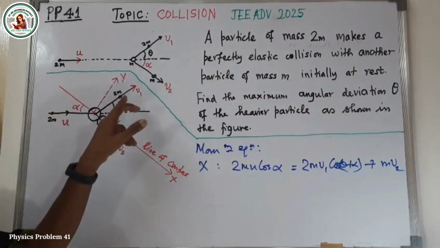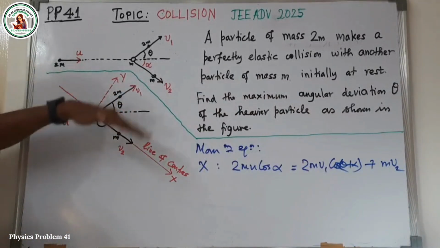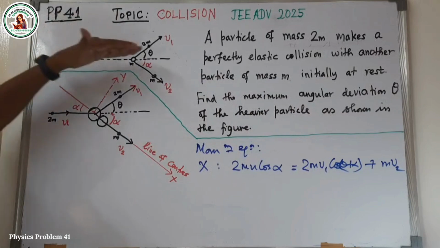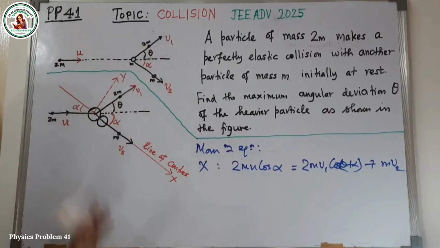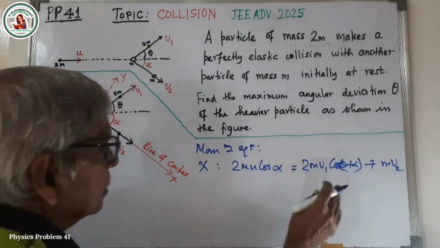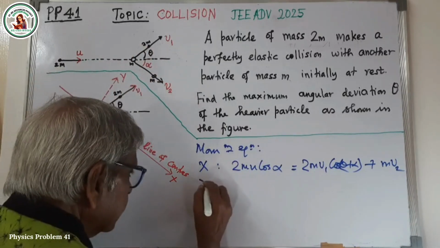Whatever I have marked in red are our assumed symbols. The data symbols are given in the first diagram.